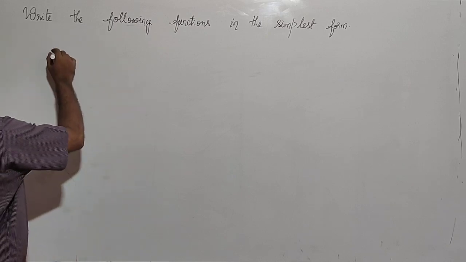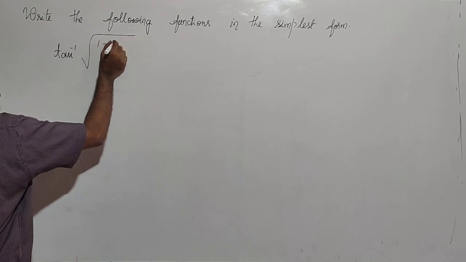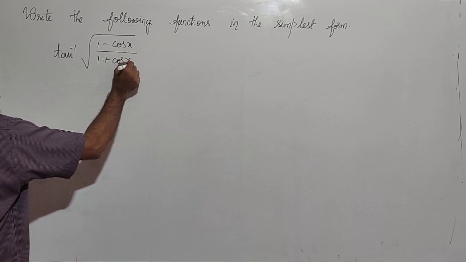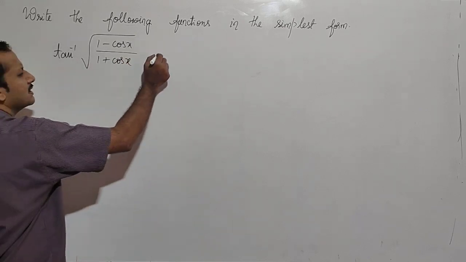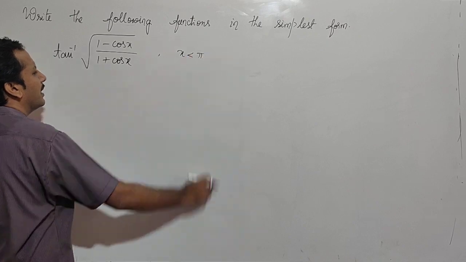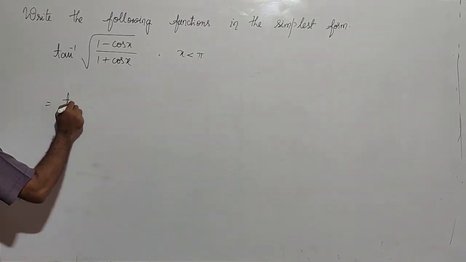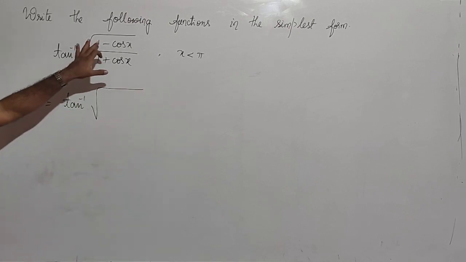Tan inverse of root of 1 minus cos x divided by 1 plus cos x, where x is less than pi. Okay. So now this is equal to tan inverse of root of 1 minus cos x.